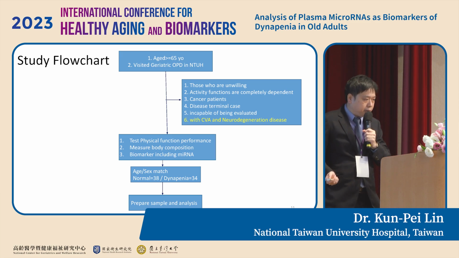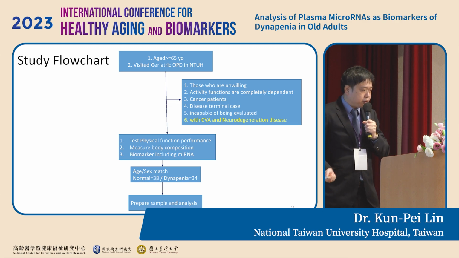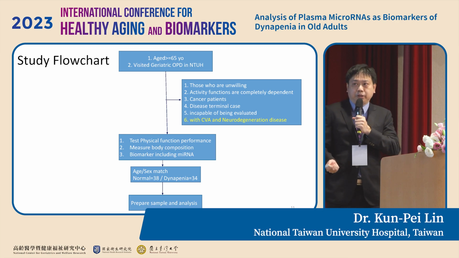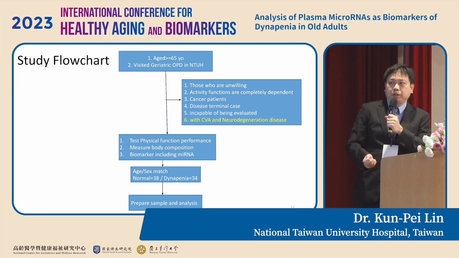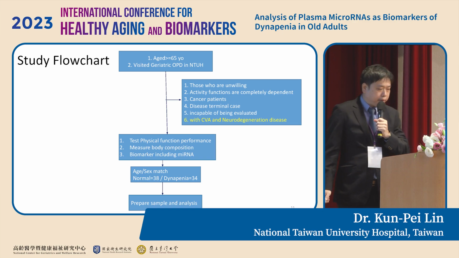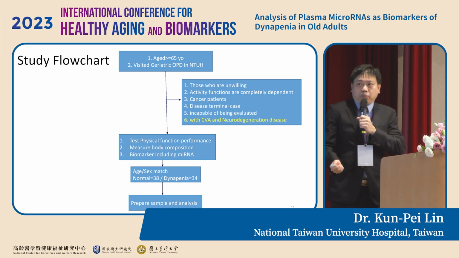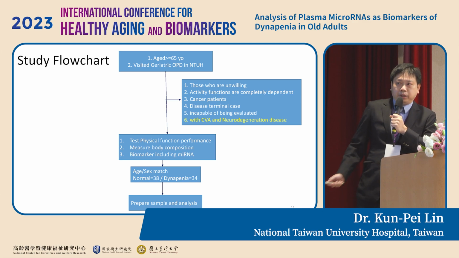And these patients will be tested for physical function and performance, body composition will be measured, and biomarkers will be collected, including the microRNA. We will do an age and sex matched comparison.